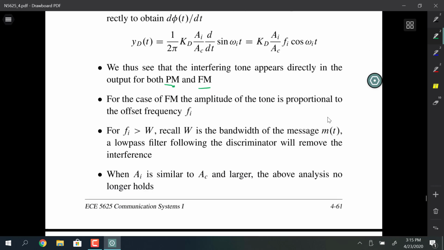And we're seeing something also that's rather interesting, and this is something that I'm going to come back to and bring to your attention. For FM modulation, the amplitude of the interfering tone is proportional to the offset frequency, Fi.